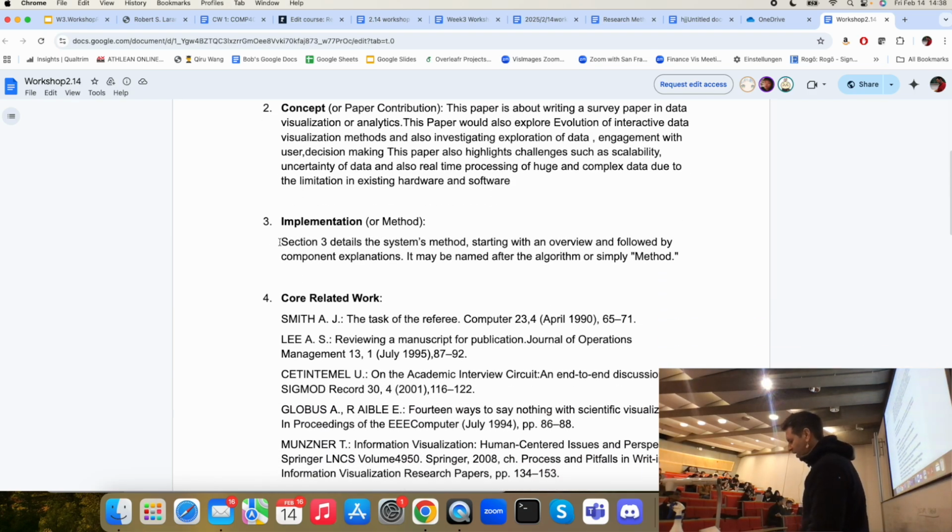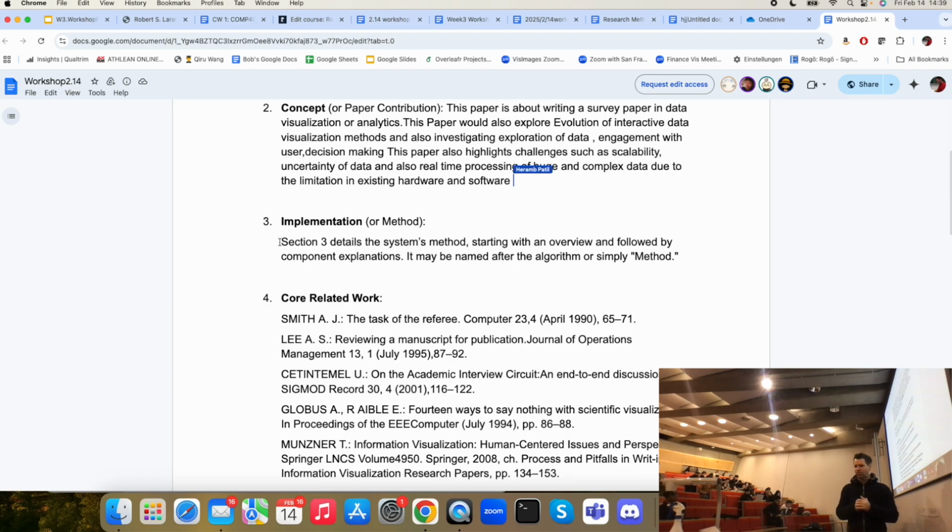The implementation for this one, so this doesn't fit the standard research paper style. The implementation is a recipe that breaks down a research paper section by section. It tells you what sections to include, what they should be called, what they should address, and how to write them. So that is the implementation of this.